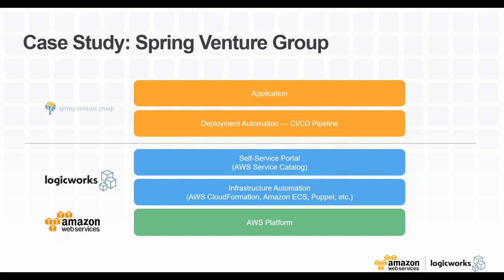They were already proficient at figuring out their application and were using containers on-premise, but they needed help migrating to AWS. As you can see in this diagram, SVG chose to use both AWS and Logicworks to provide the ops side of DevOps, really providing the foundation for their developers to build a fully automated software delivery pipeline without having to worry about infrastructure.